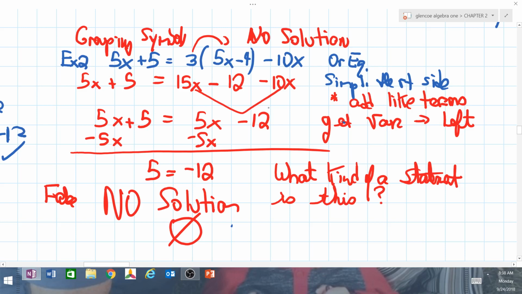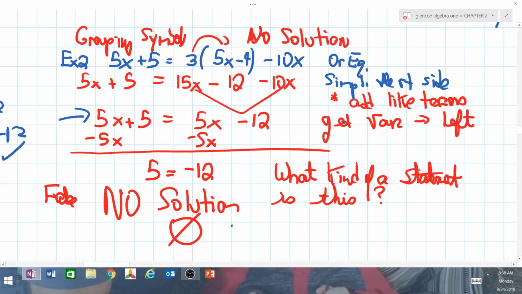We simplify the right side by using the distributive property and then adding like terms. 3 times 5x is 15x minus 3 times 4 is 12 minus 10x. 15x and 10x are like terms. 15x minus 10x gives me 5x. Now at this point right here, I have 5x plus 5 equals 5x minus 12.